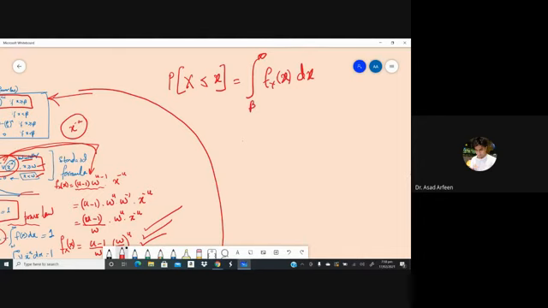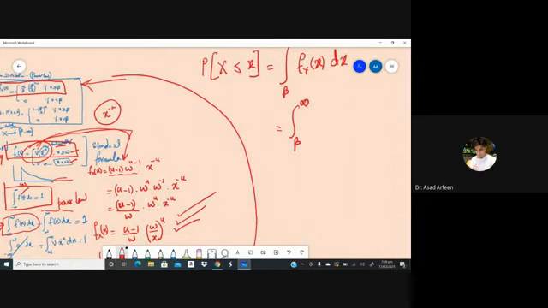So you just need to put it like this, beta to infinity, and then what is f(x)? This is alpha over beta, beta over x to the power alpha plus 1, and dx. So can anybody help me solve this?